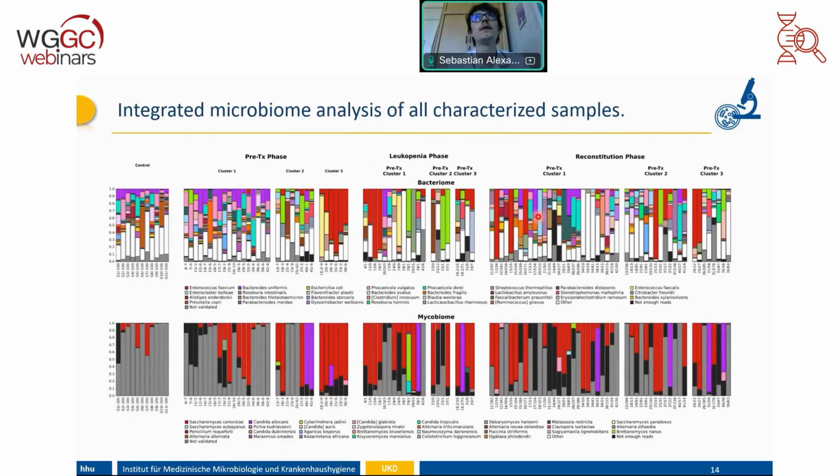The elegance of this method is that we can not only look at bacterial species, which you can see here at the top, we are also able to look at fungi, for example, and all the other species. So we are not just looking at 16S regions. And for the microbiome, we saw that especially patients in cluster 3 showed an increase of Saccharomyces cerevisiae, which is Baker yeast.